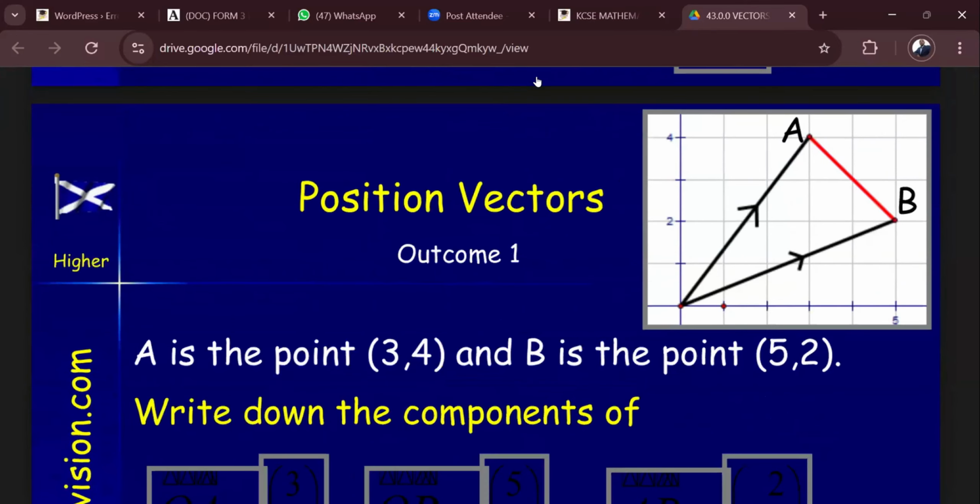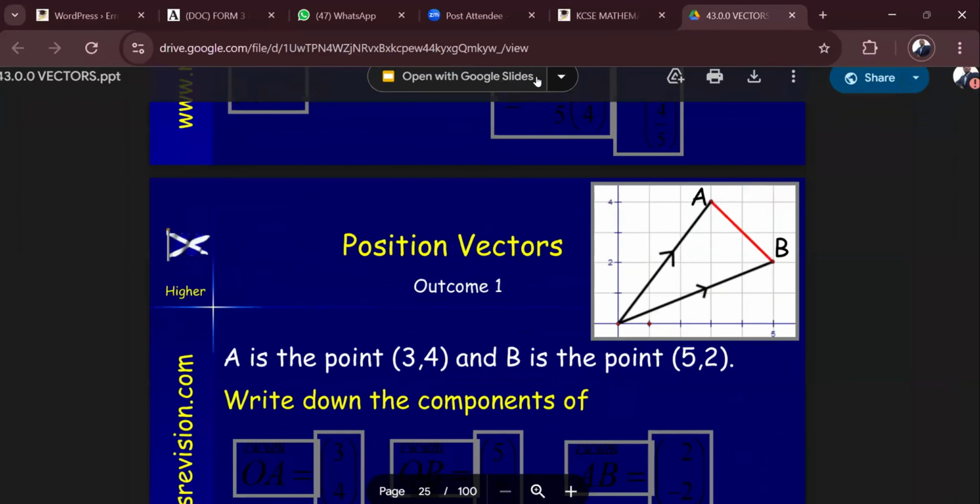Position vectors. There's somebody in this class who had asked this question at the beginning. I told him it comes later, and we are now getting to it. Consider point A at 3, 4. As the word suggests, it is about position.